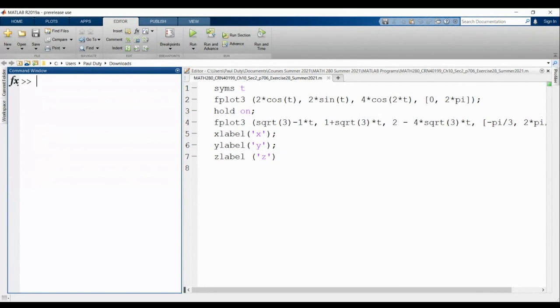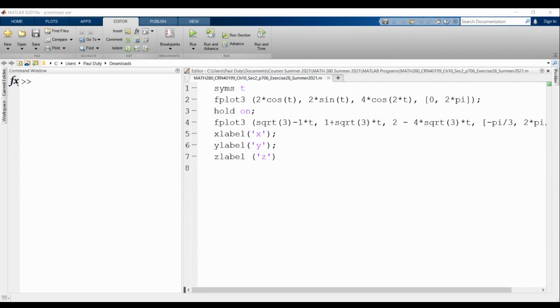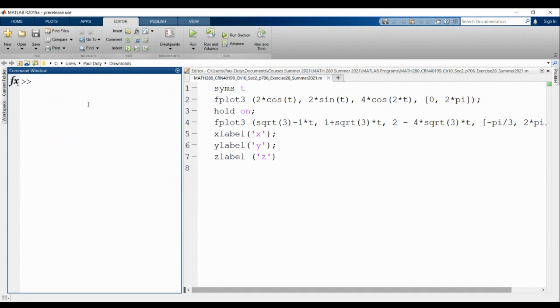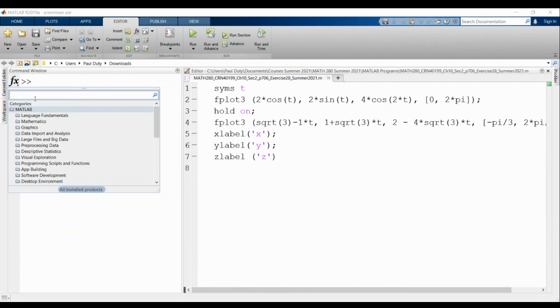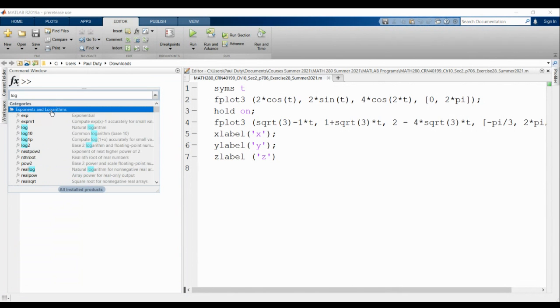By the way, for MATLAB, if you need to figure out how to type the natural log, you just click on the little fx symbol in the command line, and that'll bring up the help menu, and you can type log, logarithm. Here's exponents and logarithms. Click on that, and it'll give you everything you need.